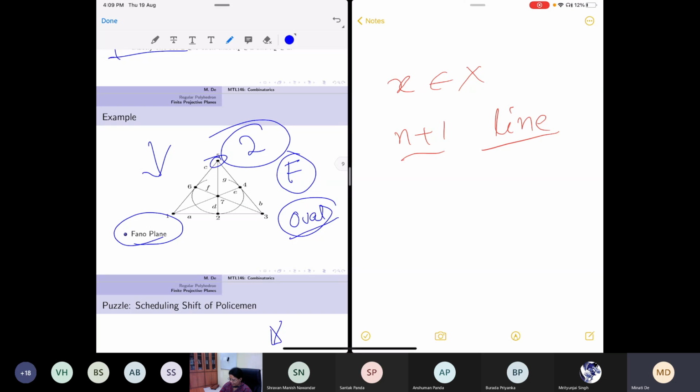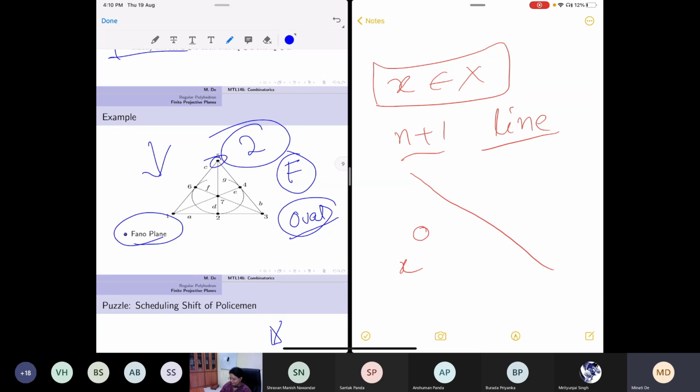First we are claiming that there exists a point. Consider any point x in X. The claim is you will be able to find one line which does not pass through this point.